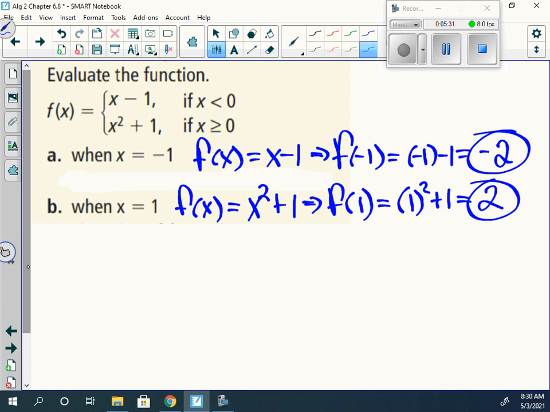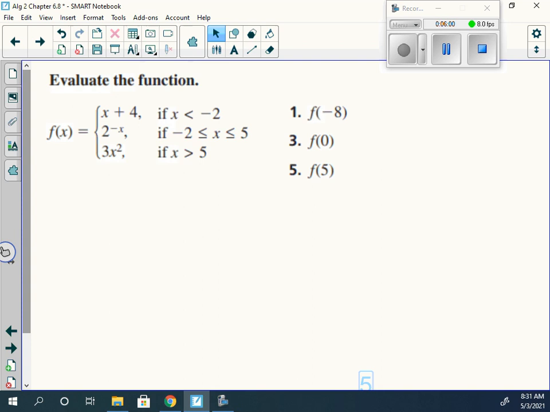So f of 1 is equal to 2, and f of negative 1 is equal to negative 2. Any questions on any of this here so far?